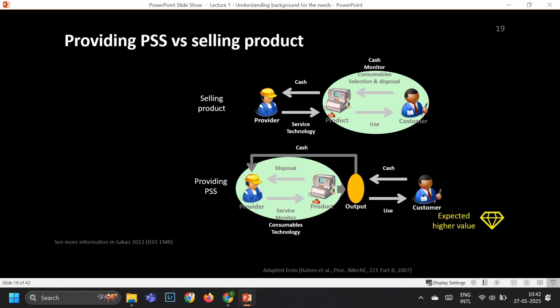And this creates a sort of trick where higher value for customers can be expected, and also lower cost can be expected for the provider, and also there is an environmental improvement potential.